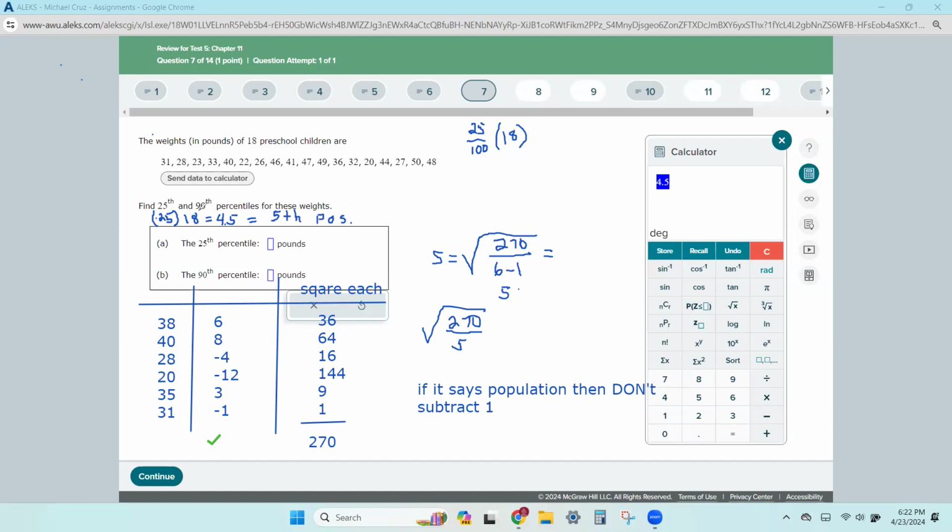So the 5th position. Now, the same thing for 90 now. Matter of fact, I can just do it here. 0.90 times 18. So 16.2.